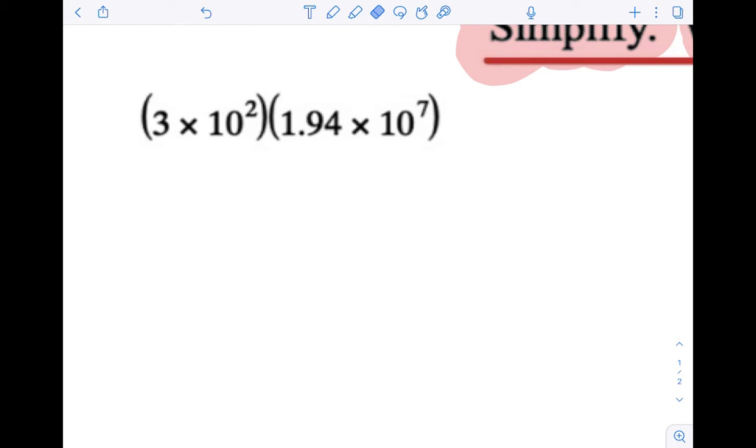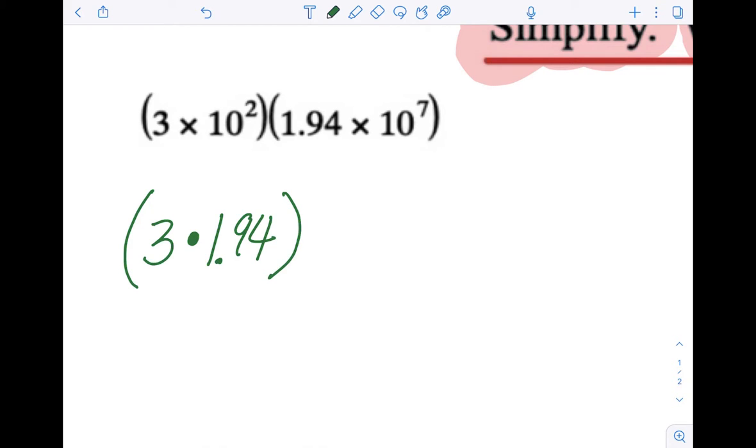So first thing we're going to do is multiply regular number times regular number, right? So we are going to say parentheses 3 times 1.94, regular number times regular number.